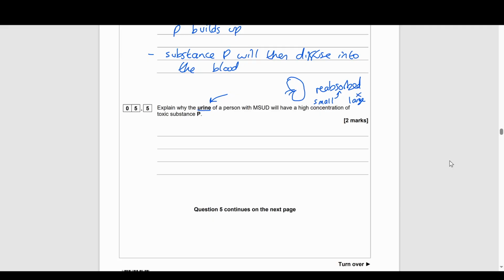So, what we need to think about is, why is the urine going to have a high concentration of toxic substance P? Well, it must mean that if it's in the urine, then it hasn't been reabsorbed. So, not reabsorbed.